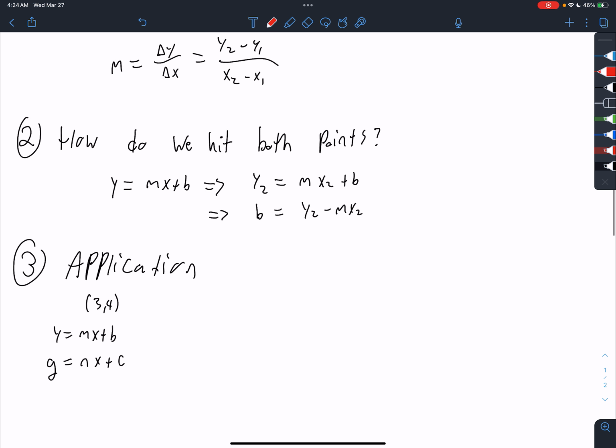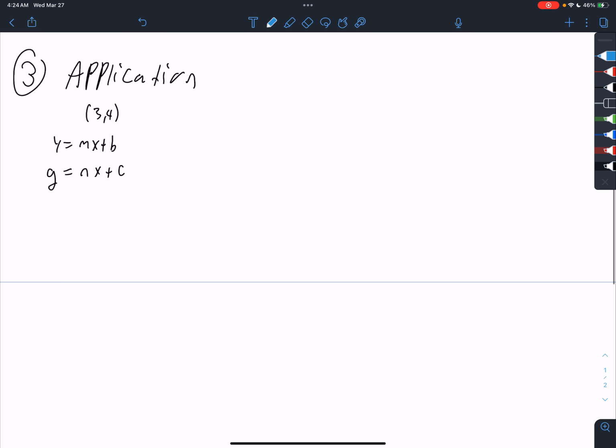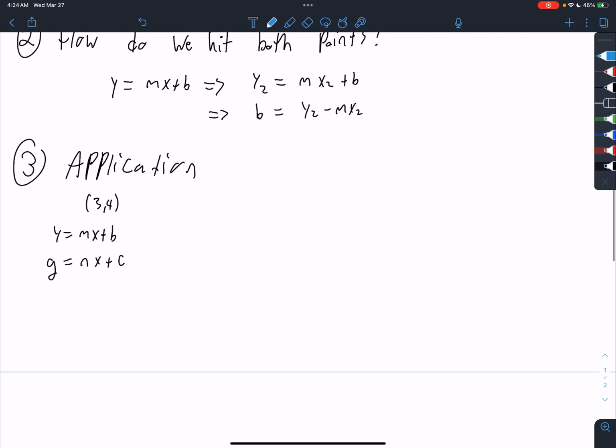For our red point, we'll say this is x2, y2, and then our blue point is x1, y1. So the equation of our line is y equals (y2 minus y1) over (x2 minus x1) times big X plus b.